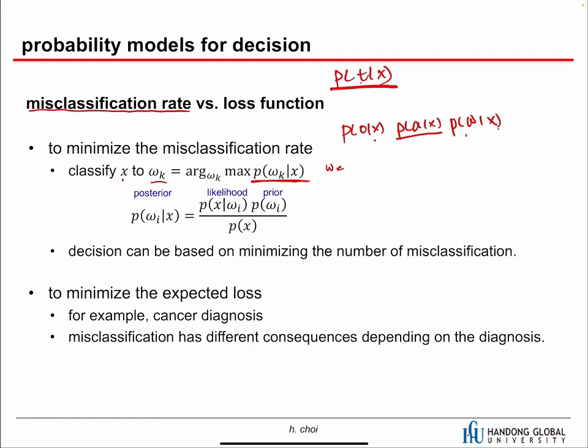First, if the true diagnosis is cancer, but the model says, oh, this is not a cancer. Okay, this is one misclassification. Or this person has no cancer, but the model says, oh, this is cancer. Okay, then this one is also a misclassification.